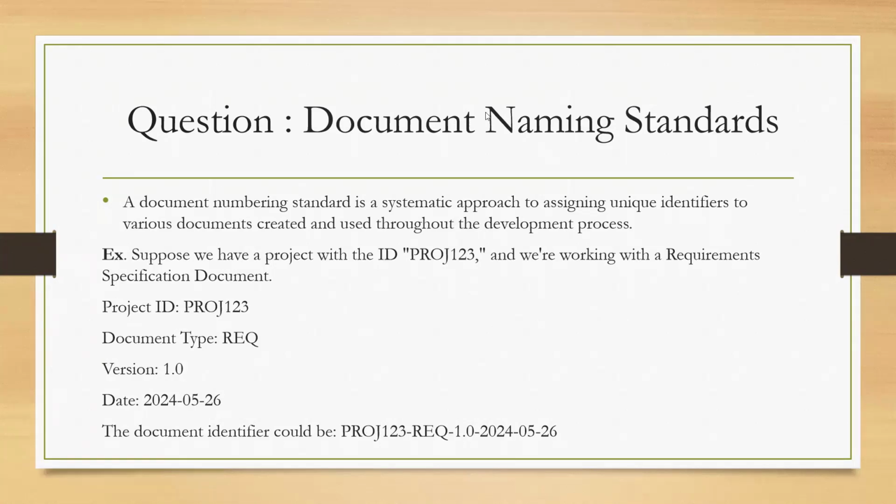We will name the documents using this format only: the project name, then a dash and what document, like requirement document, then a dash and the version, and then a dash and the date, because they will be able to find the documentation easily.